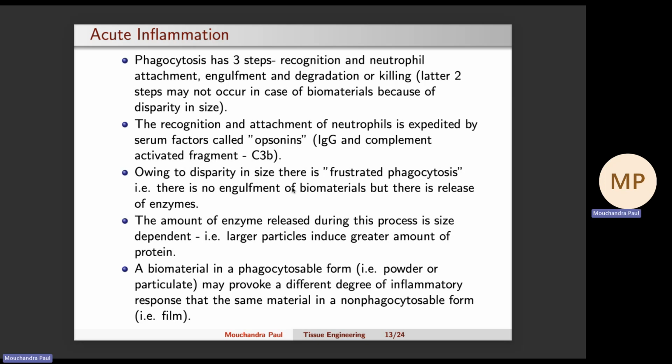The amount of enzyme release depends on the size of our implant: the larger the size, the larger the amount of enzyme released. But if the biomaterial is of a size which can be phagocytosed, for example a powder or very small particulate, maybe in micron or nano sizes, then it will provoke a slightly different inflammatory response, and frustrated phagocytosis will not happen.